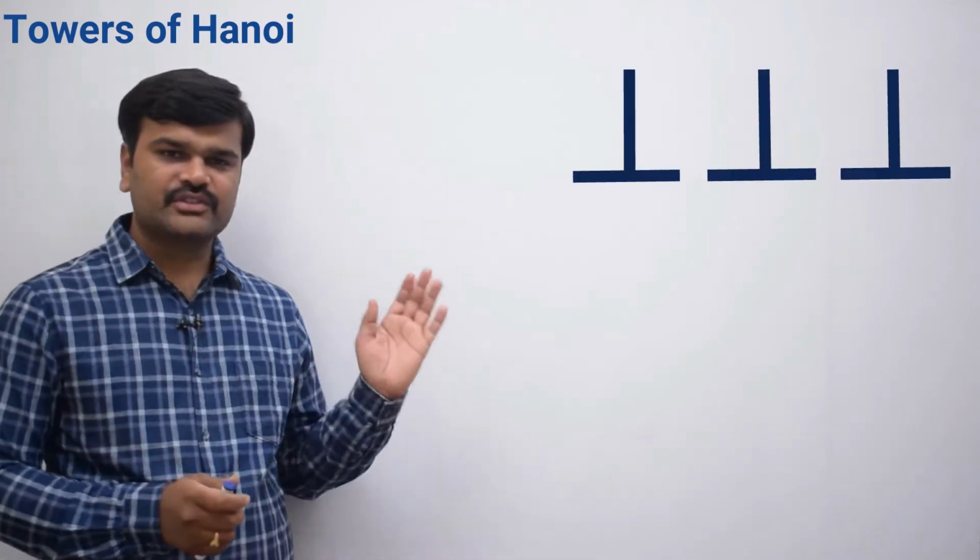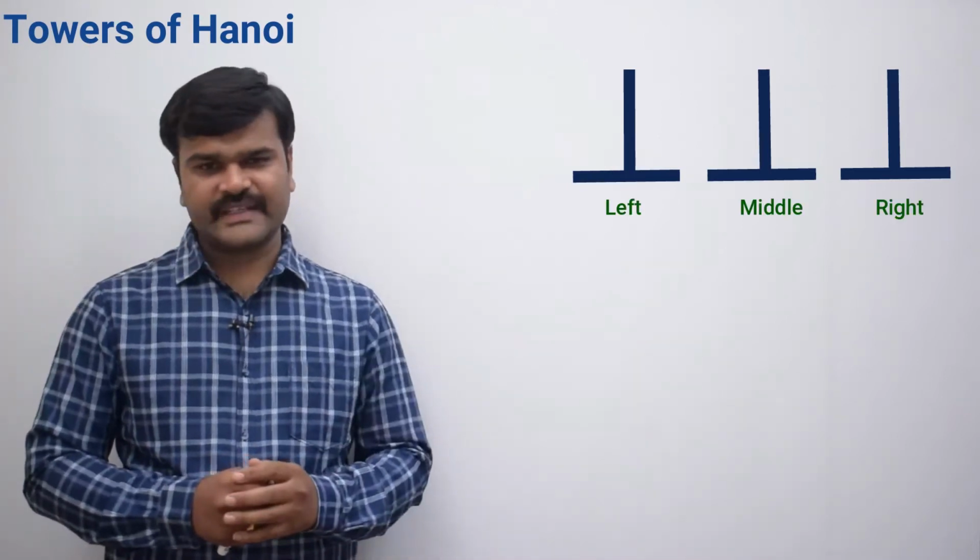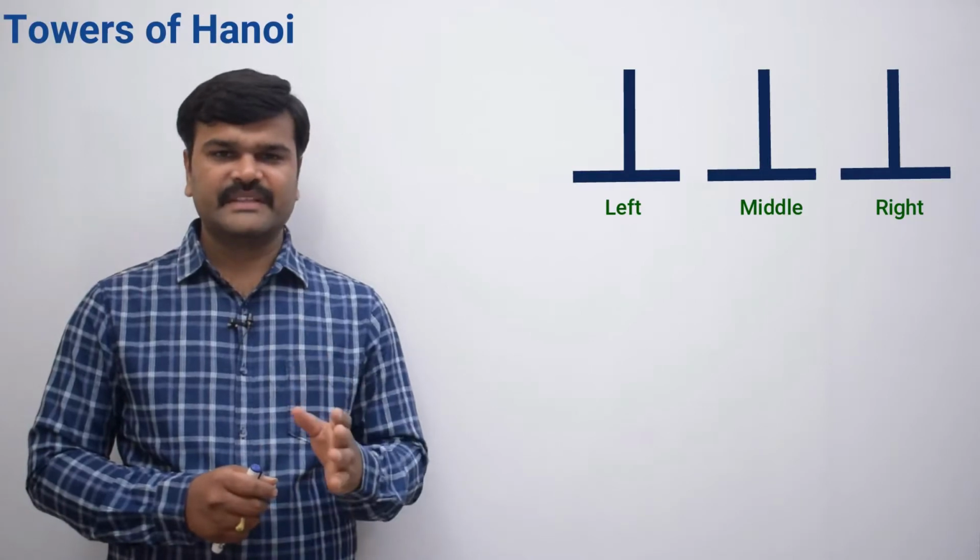If you see the initial configuration of the Towers of Hanoi, we are going to have three towers. These are named the left, middle and right tower. Three towers will always be there.